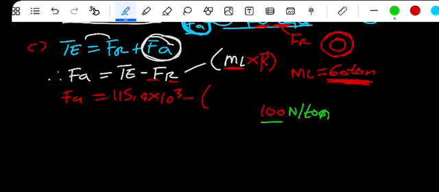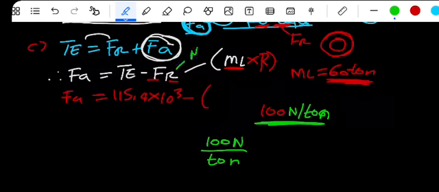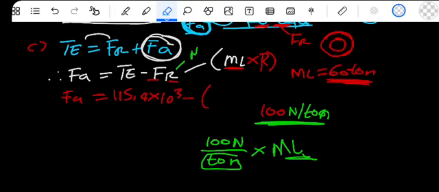Mathematically, it's a fraction, the same as 100 Newton divided by ton. FR must be calculated in Newton, as any force must be. So you multiply by the mass of the locomotive, which must be in tons, so that the tons and tons cancel.